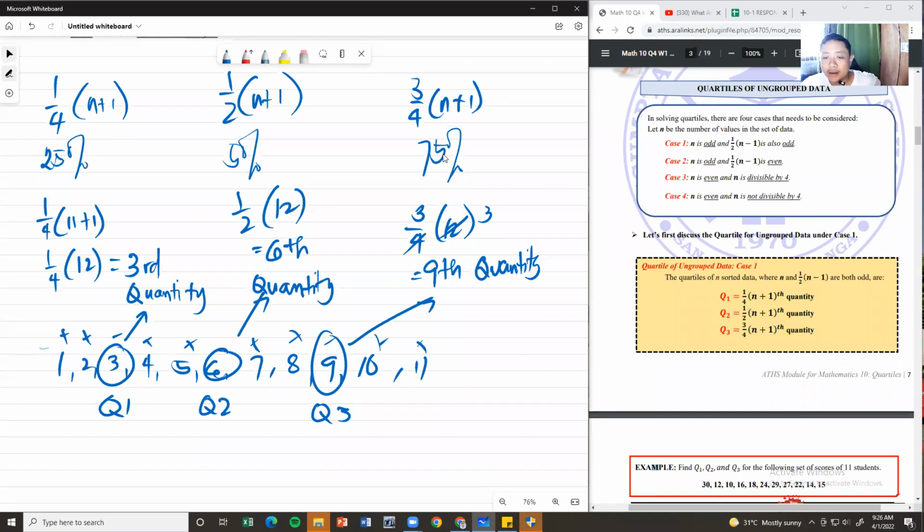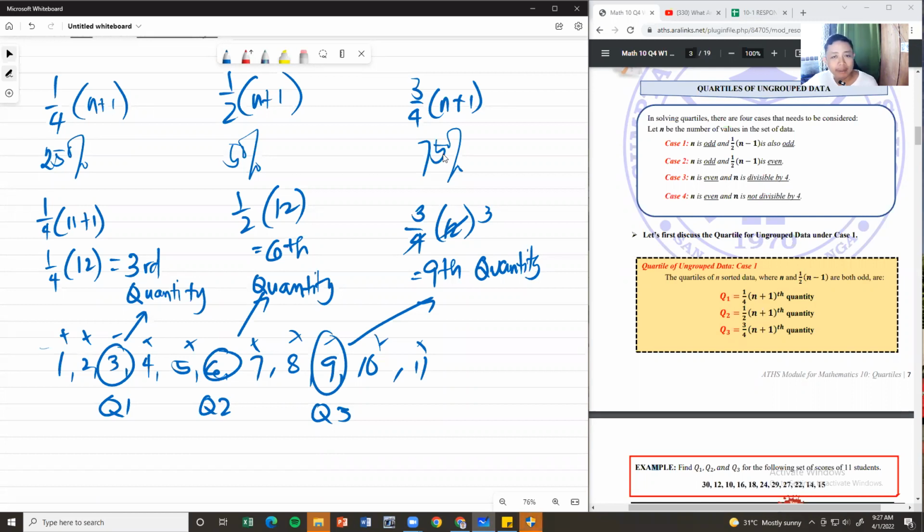Okay, it seems like our classmates are sigurista and they would like to have both. Very good. I like that attitude. At least you make sure that your answers are correct. But of course, there are classmates who prefer the manual. That's not a problem. And there are also classmates who said they prefer the formula para sure.